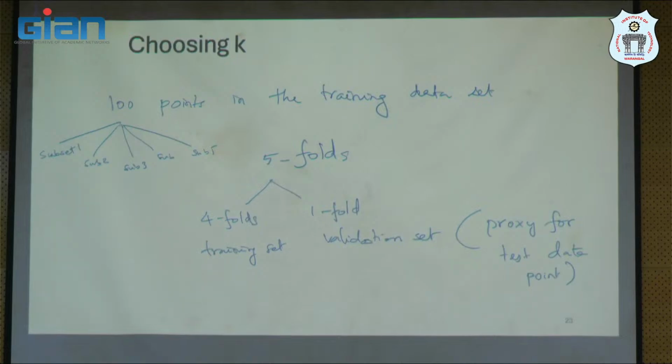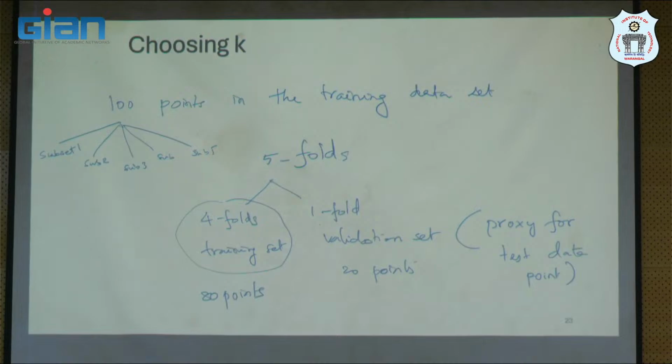So I will use only 4 folds as training data. I will use a data point from this 5th subset and consider that as a test point. I will use k equal to 1 and calculate the accuracy of prediction. Let me explain this. There are 20 points in this set and 80 points here, right?